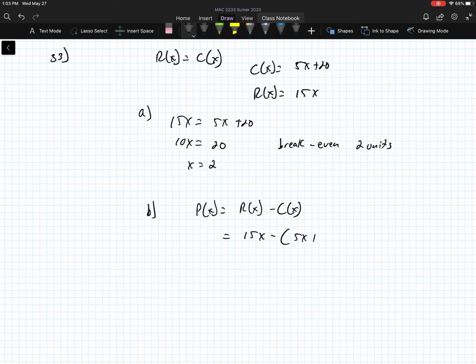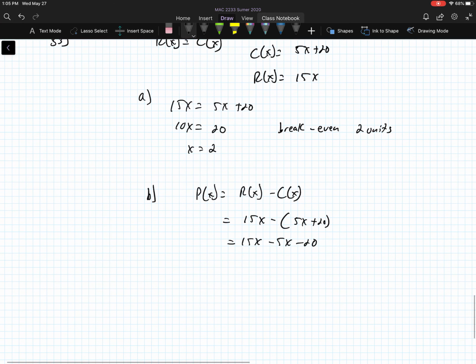So 15x, and then notice how I put this in parentheses. It's 15x minus 5x minus 20. And so in this case, if we do 10x minus 20, it looks like the profit function in this particular problem is 10x minus 20.